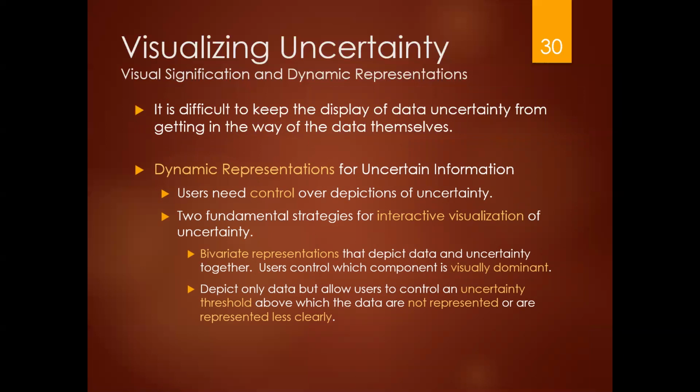Bivariate representations that depict data and uncertainty together. Users control which component is visually dominant. If you care about the data itself, you can make it more obvious. Or if that is not the case, you want to show uncertainty as a dominant element of your map, you can change it.